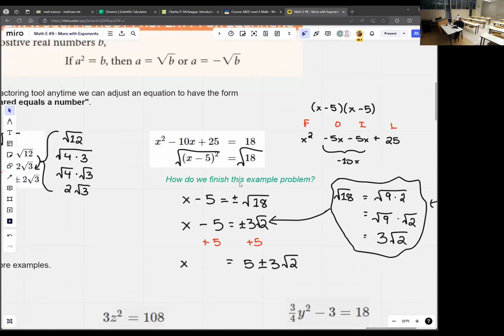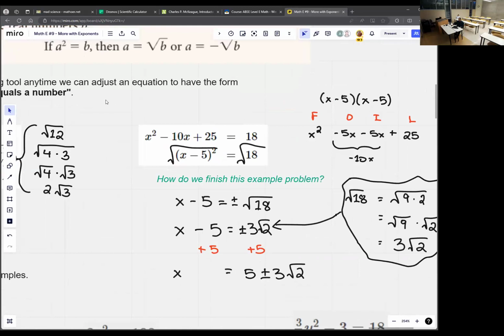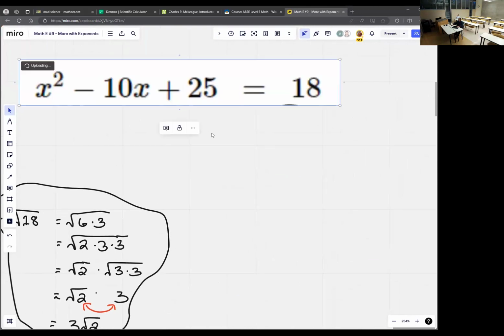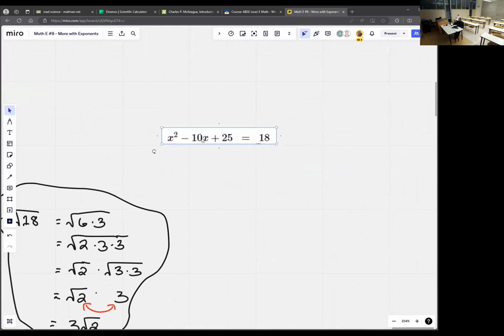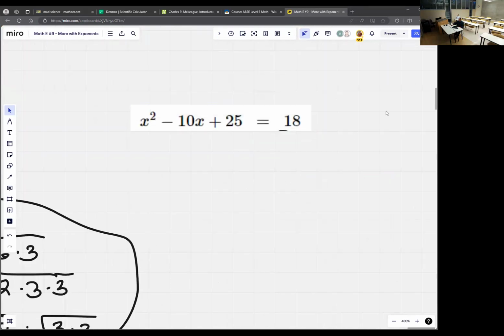Okay, so why would we want to do this? Well, the answer is because even though we spent so much time factoring, it doesn't always do what we want. Let's try this our normal way. We have x squared minus 10x plus, if I take 18 away from both sides, I get 7.